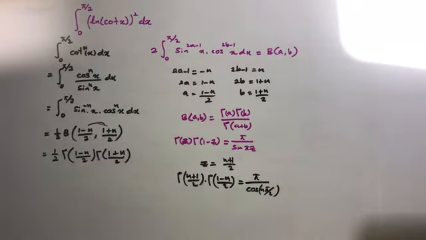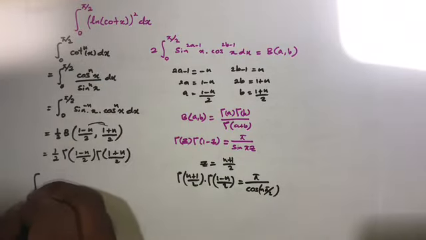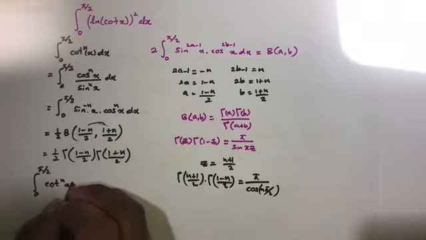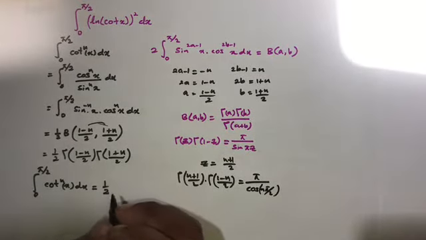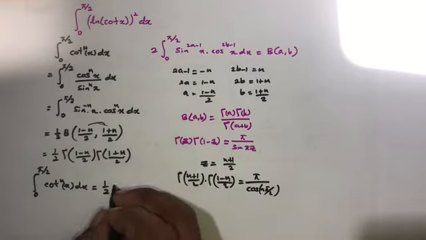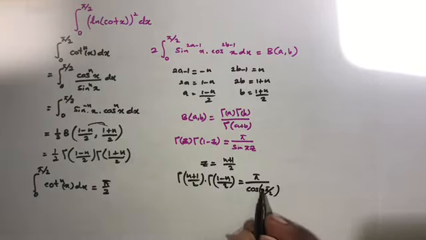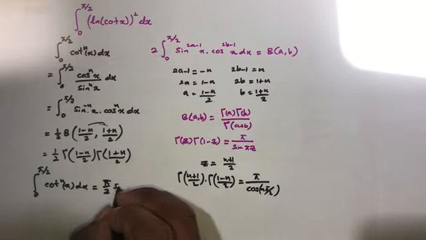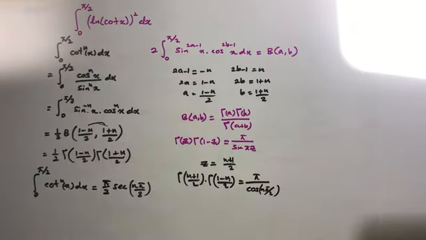Okay, then we can write the integral from 0 to pi over 2 of cotangent raised to the n power of x dx is equal to 1/2 times pi, so pi over 2, and instead of cosine we can use secant: secant of n pi over 2.